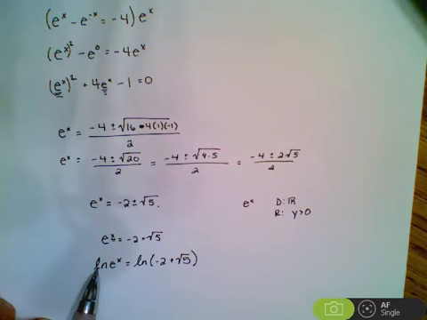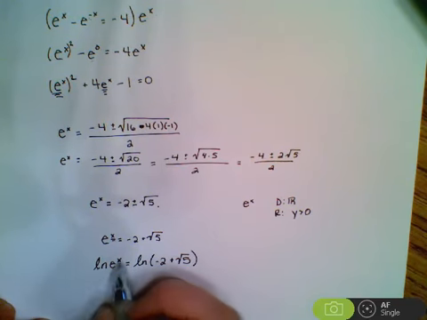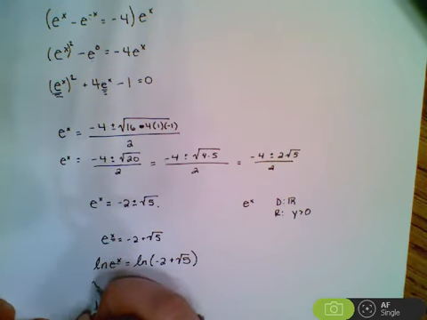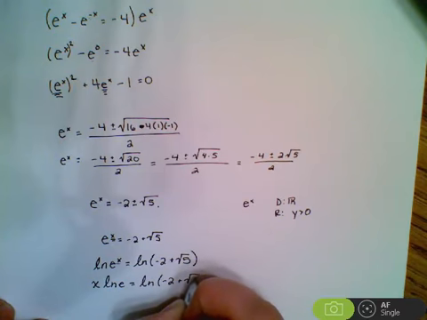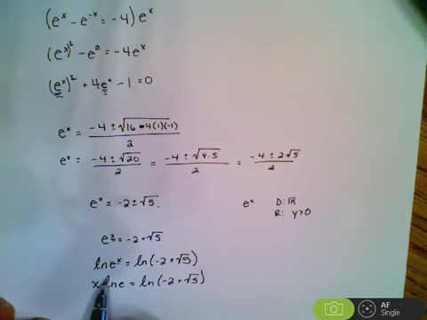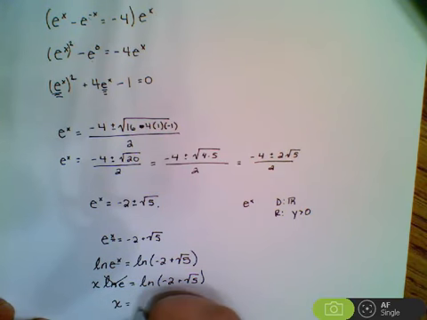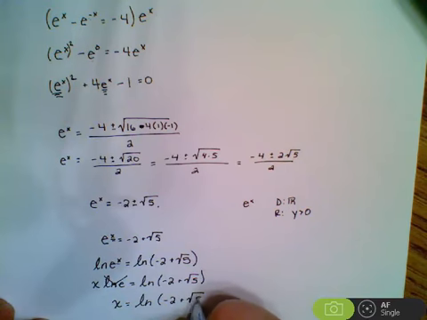Well, I know the natural log and e are inverses of each other, and by the power rule, I can bring that x out front to get this. Then, since these are inverses of each other, they just cancel each other out. And I'm left with x is equal to the natural log of negative 2 plus the square root of 5.